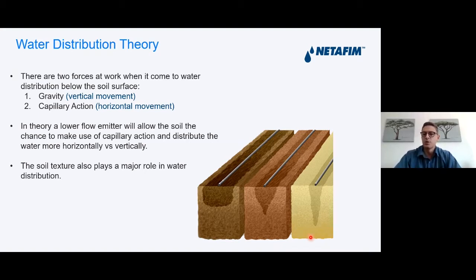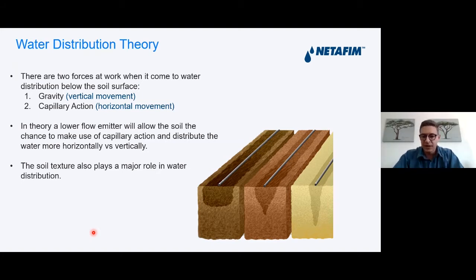On the right-hand side, we would have a sandy soil with 10% or 15% clay. And what we would typically see there is that we have a much narrower wetted area, but we wet much deeper, because gravity again is the biggest force at play here. So this is just a bit of theory about how and why water distributes below the soil surface.